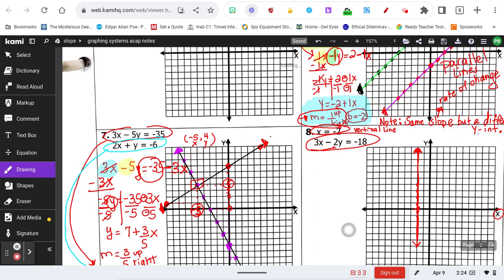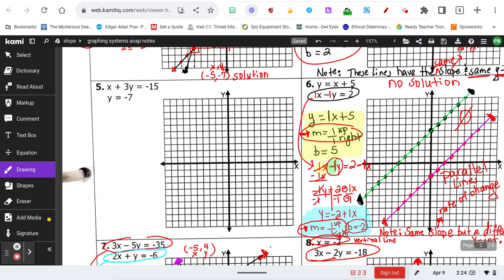This line though, I'm going to go back up here and show you this one. If you wanted to graph this, you go to a y of -7: -1, 2, 3, 4, 5, 6. Here's a y of -7. But instead of drawing a line straight up and down, you draw a flat or horizontal line. Make sure you keep your y's at -7 for every ordered pair you put.